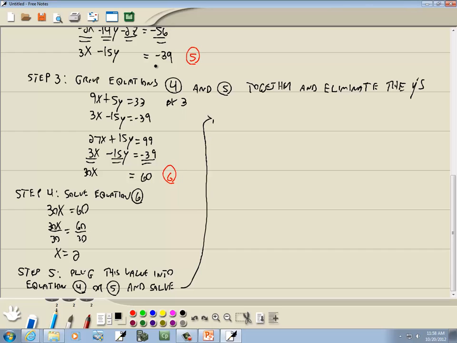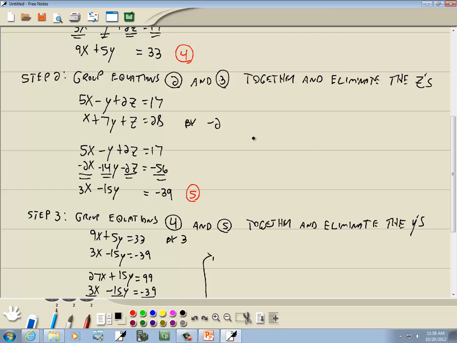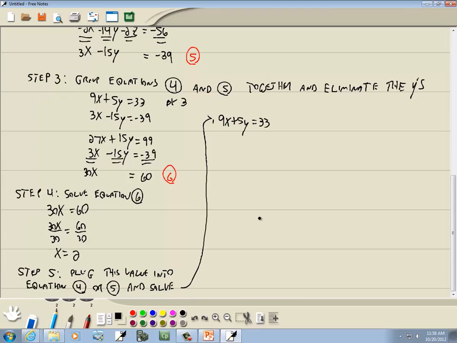Okay. I might as well do, well, actually the other one's a little bit easier, looks like. 9x plus 5y equals 33. Okay, we just said x was 2. So we got 9 times 2 plus 5y equals 33, which gives us 18 plus 5y equals 33.